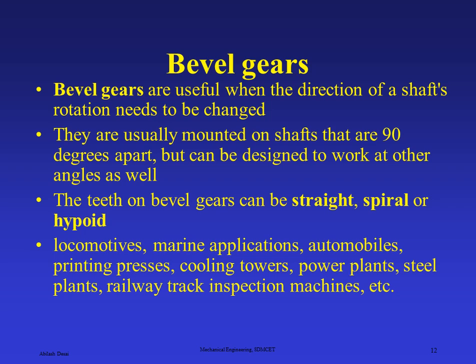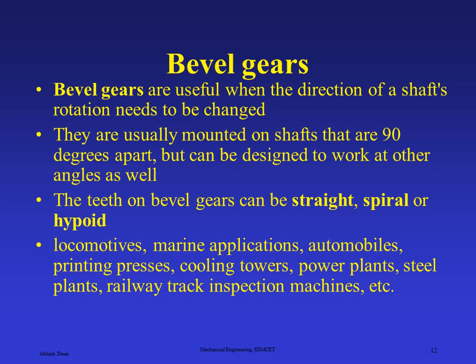The teeth on a bevel gear can be straight, spiral or hypoid. They are used in locomotives, marine applications, automobiles, printing presses, cooling towers, power plants, steel plants, railway track inspection machines, etc. So they are used in many places.